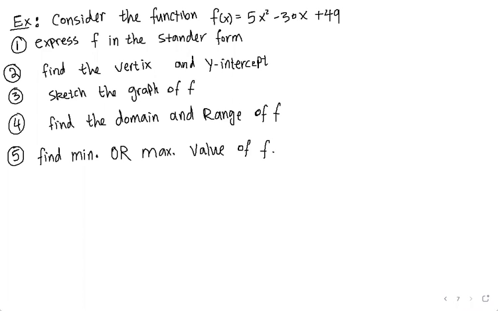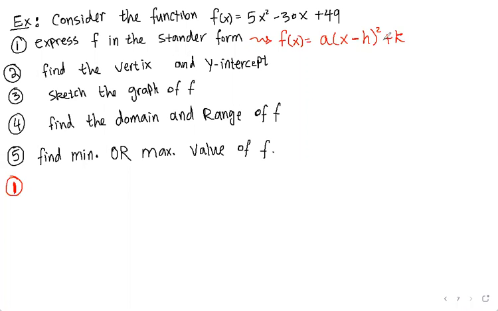Okay, let's do the first one. Let's do it together. Because this is new, I'm going to explain how to find the standard form. The standard form means I have to write this function f of x in the form f of x equal a times x minus h squared plus k.